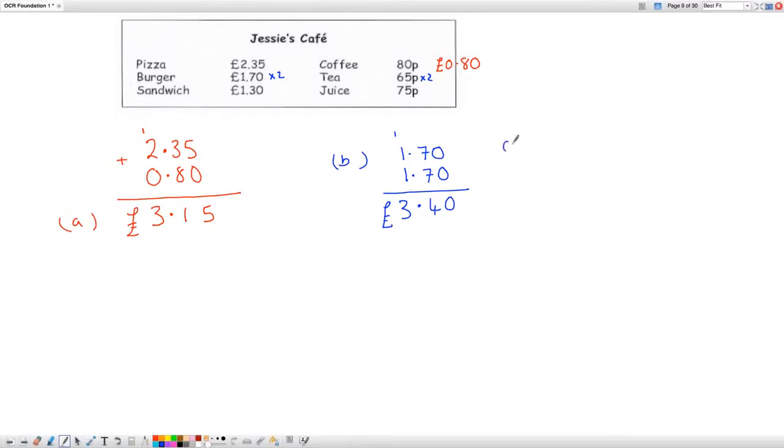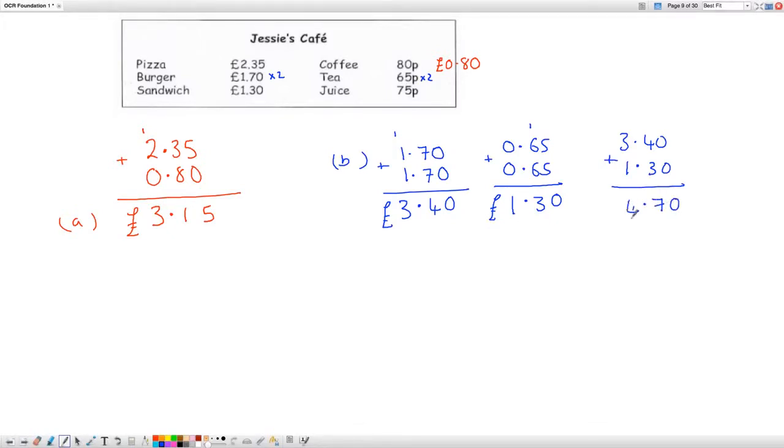The tea, again converting to pounds, 0.65. 5 plus 5, 10, 6 plus 6, 12, add here 13, £1.30. Total price, £3.40 plus £1.30, £4.70. So the total cost for Deborah's 2 burgers, 2 cups of tea, £4.70.